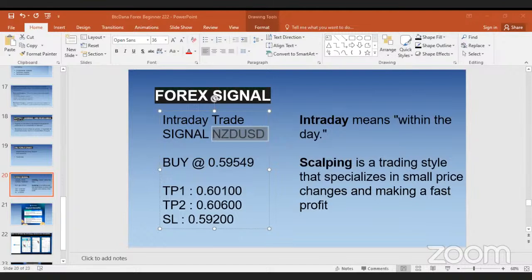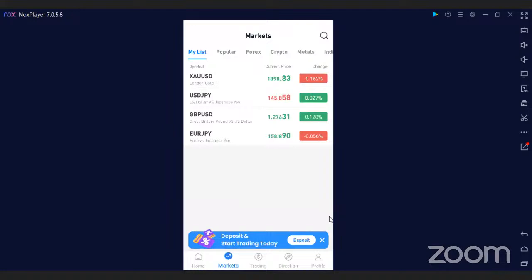Let me show you the first screen where you can easily get it. Now, when I come to the market, those are the list of my favorites that I've listed.